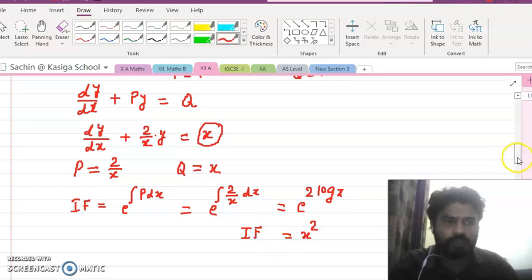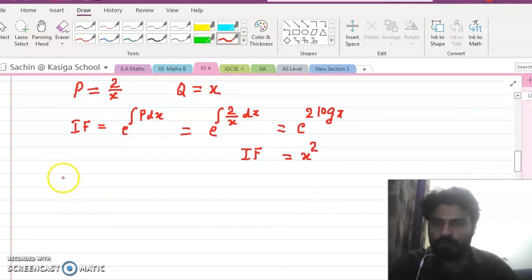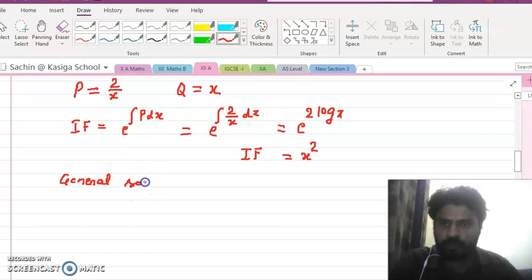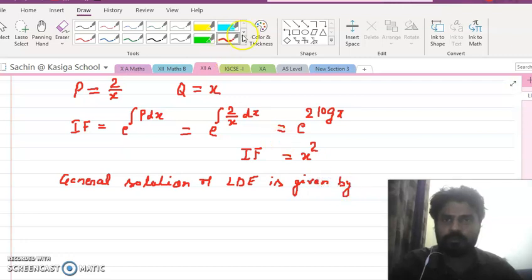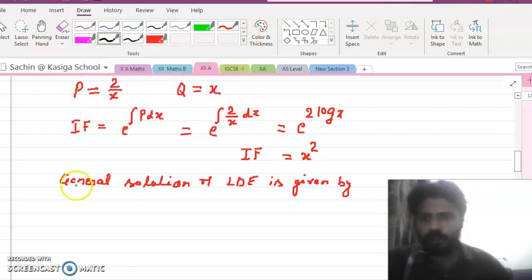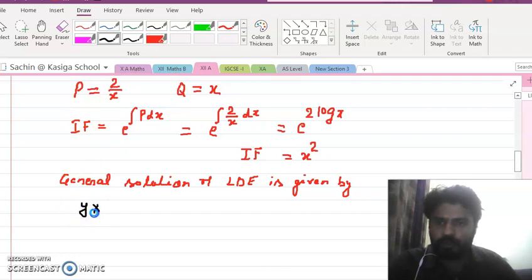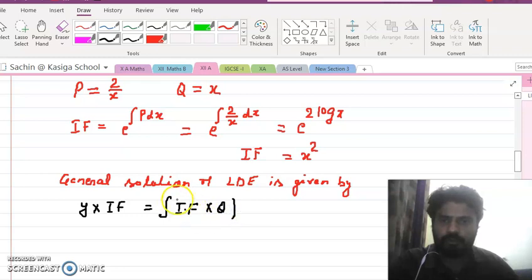So let's write the formula to find the general solution. The general solution of a linear differential equation is given by y into integrating factor is equal to the integral of IF into Q with respect to x.